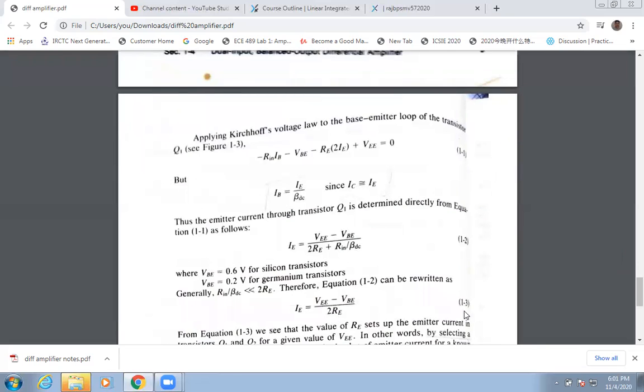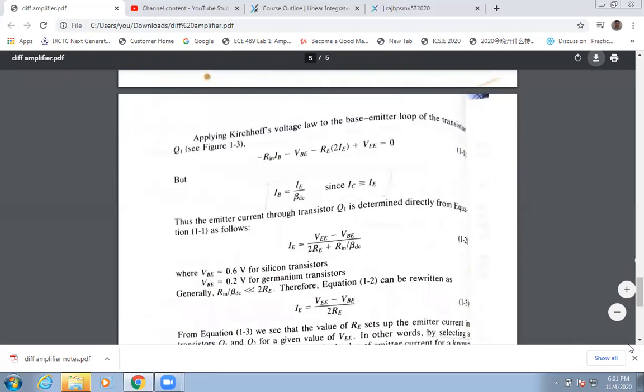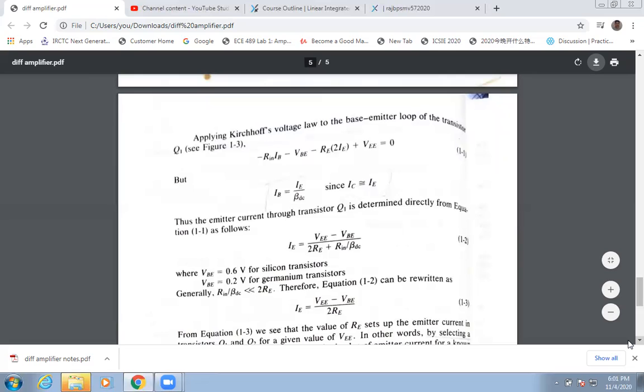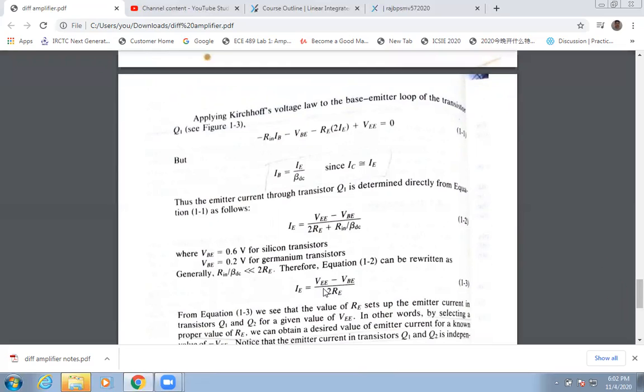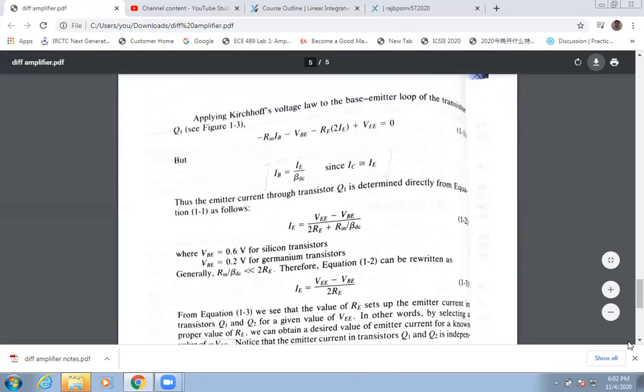From equation 1.3, we see that the value of RE sets up the emitter current in transistor Q1 and Q2 for a given value of VEE. In other words, by selecting a proper value of RE, we can obtain a desired value of emitter current for a known value of VEE.